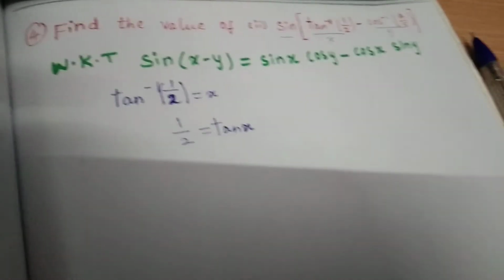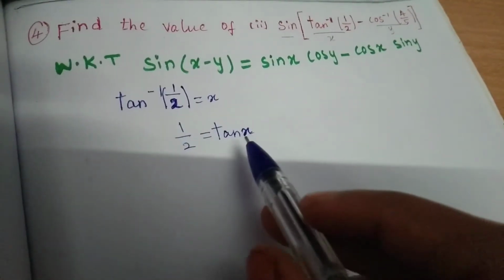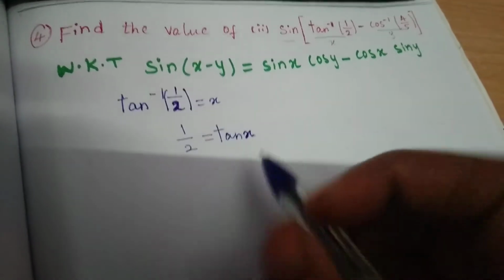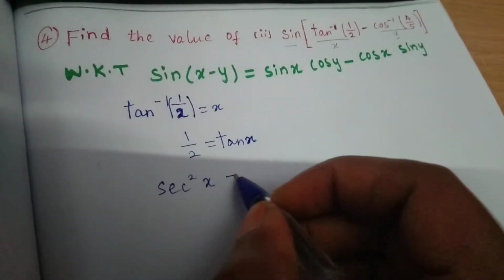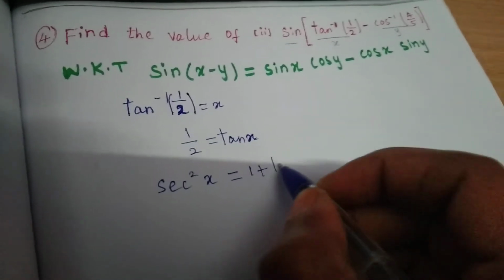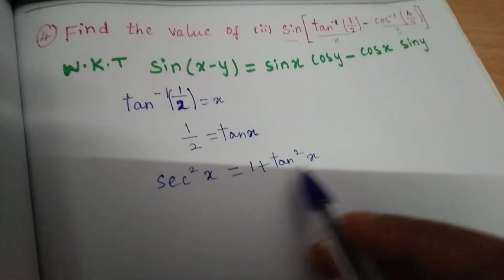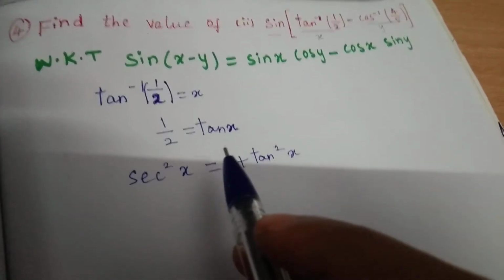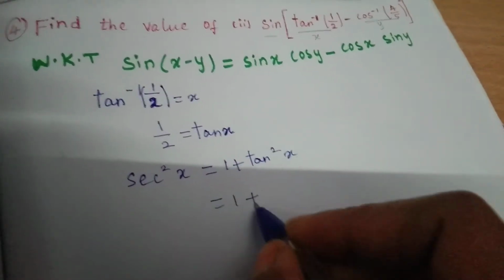The connecting formula for tan and secant is secant square x is equal to 1 plus tan square x. Now we apply the value of tan x.